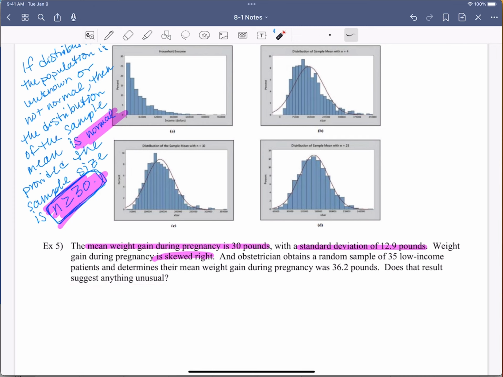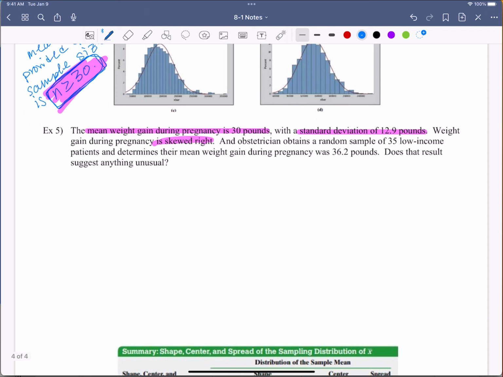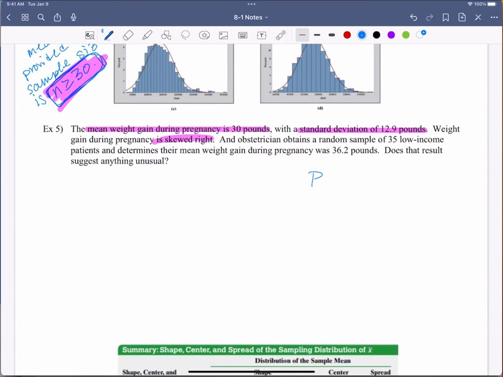So here's what we're actually trying to find. Because this is skewed right, what we're trying to find is the probability that this is greater than 36.2. That's the probability we're trying to figure out.